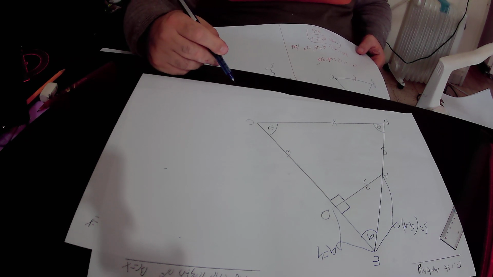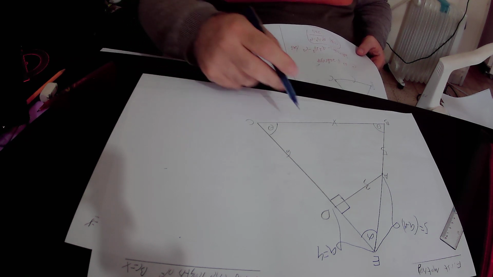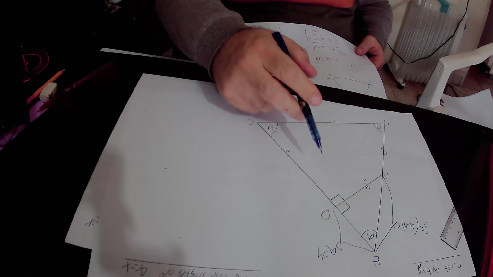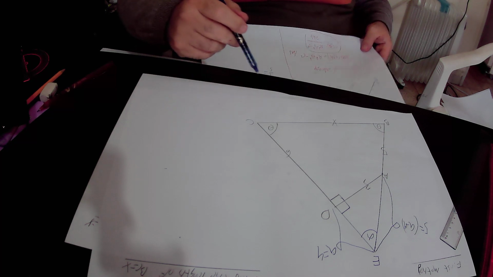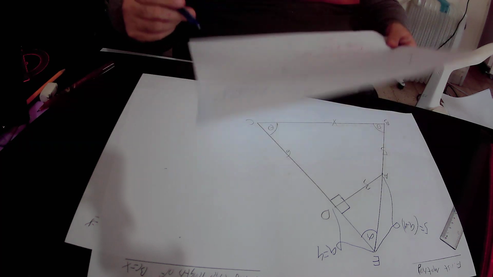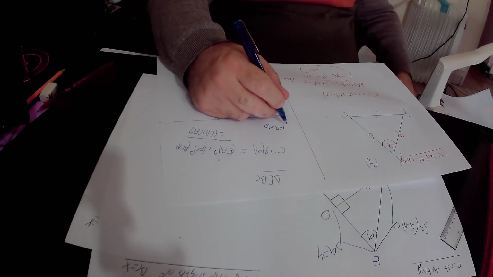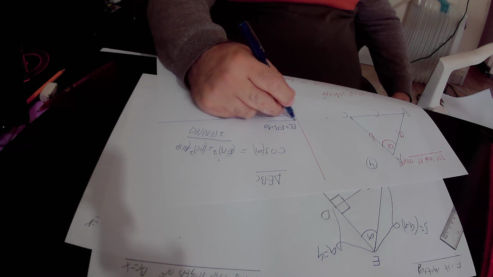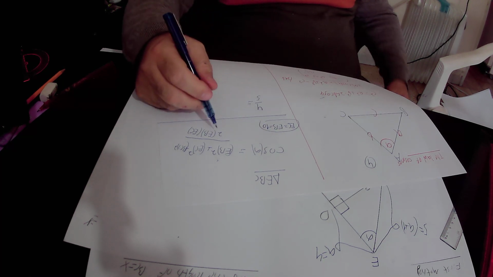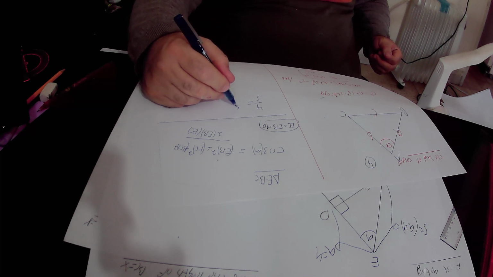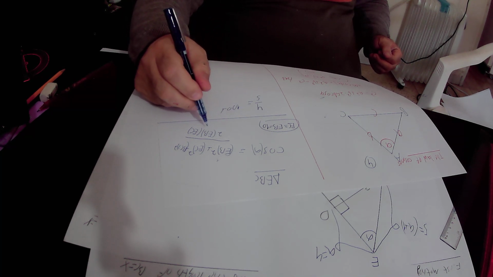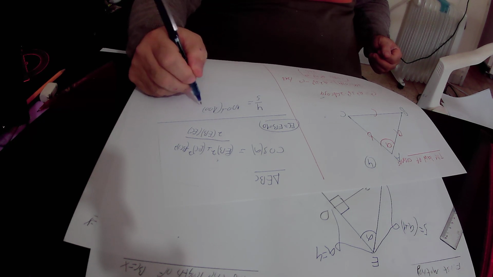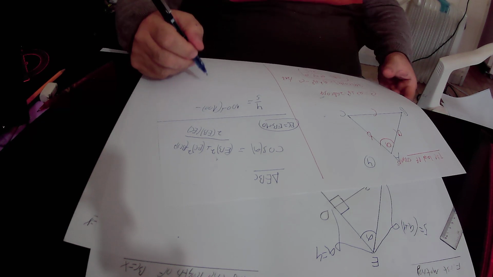And EC also equals 10 because it is an isosceles triangle, and you can see here that 4 plus 6 is also equal to 10. So EB equals EC equals 10. So here EB squared is 10 squared, that is 100, plus EC squared, that is also 100, minus BC squared.